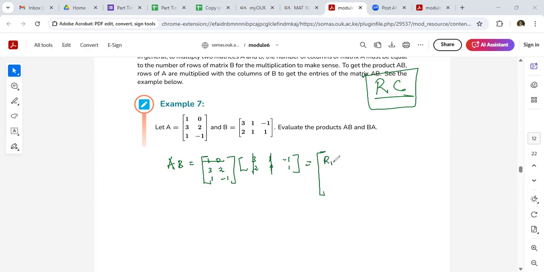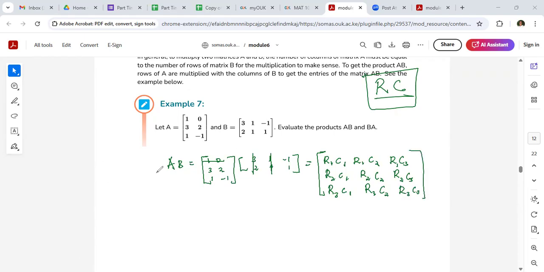So I have row 1 multiplied by column 1, row 1 multiplied by column 2, row 1 multiplied by column 3. Then I have row 2 multiplied by column 1, column 2, column 3. Then row 3 multiplied by column 1, column 2, column 3.